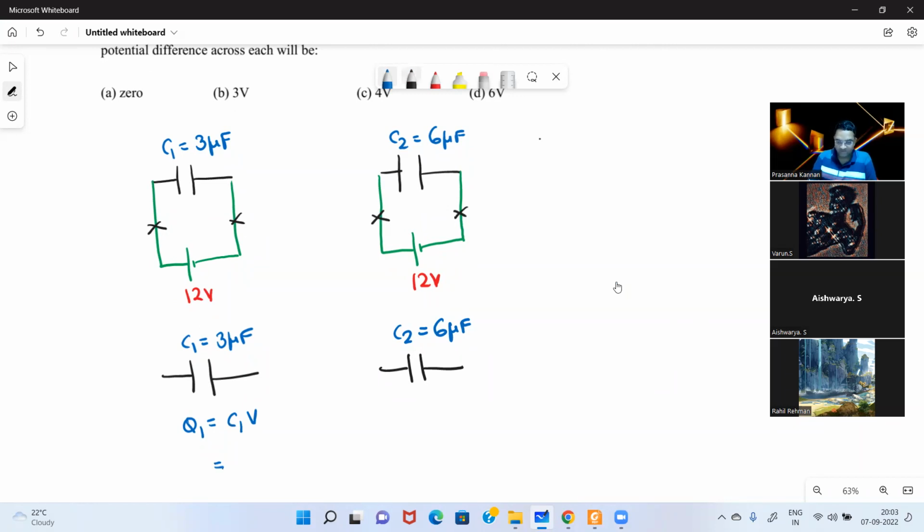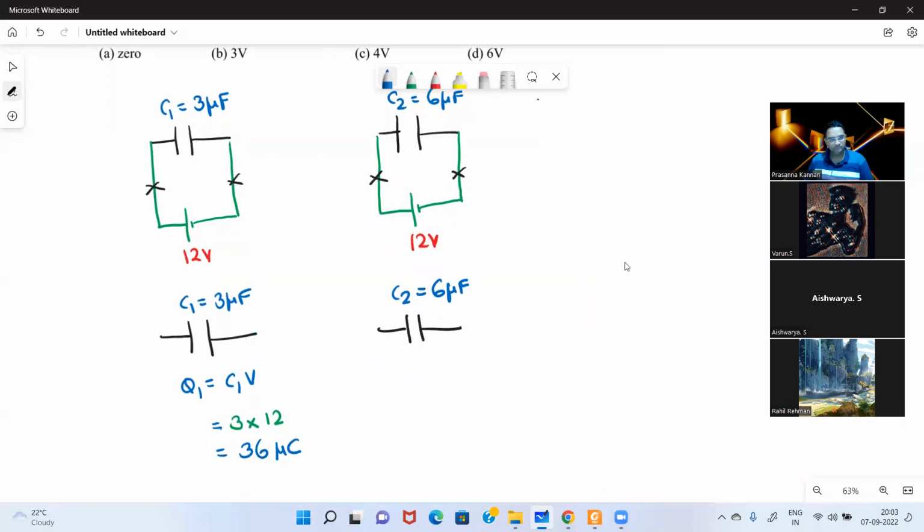So capacitance is 3 microfarad, and the voltage to which it is charged is 12 volts. Therefore, what will be the charge? 36 microcoulomb. That is the charge on the first capacitor. What is the charge on the second capacitor?